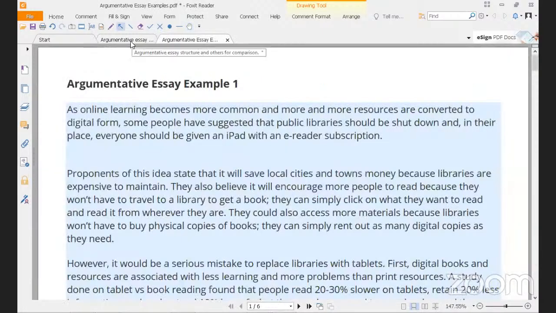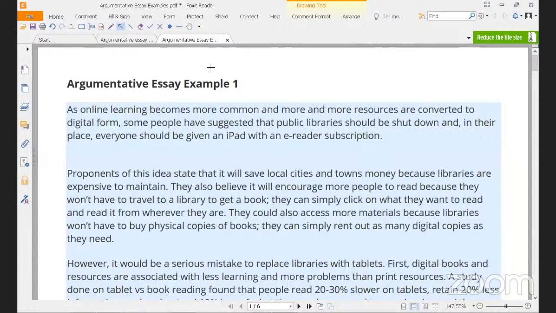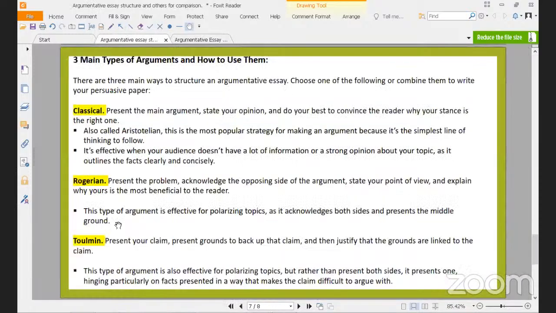No, in this case, no. So that's important. Yes, good job. So in this case, I would say that this essay is Toulmin. A little bit of classical, but in this case, we are using the most common one, which is Toulmin. Okay, good.